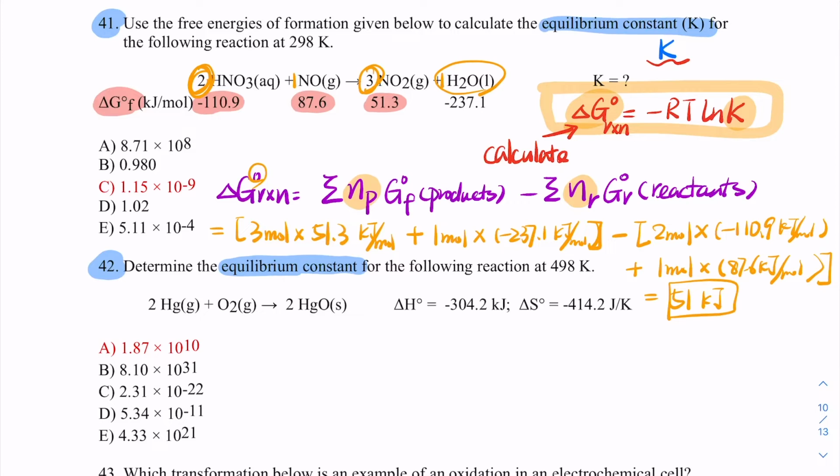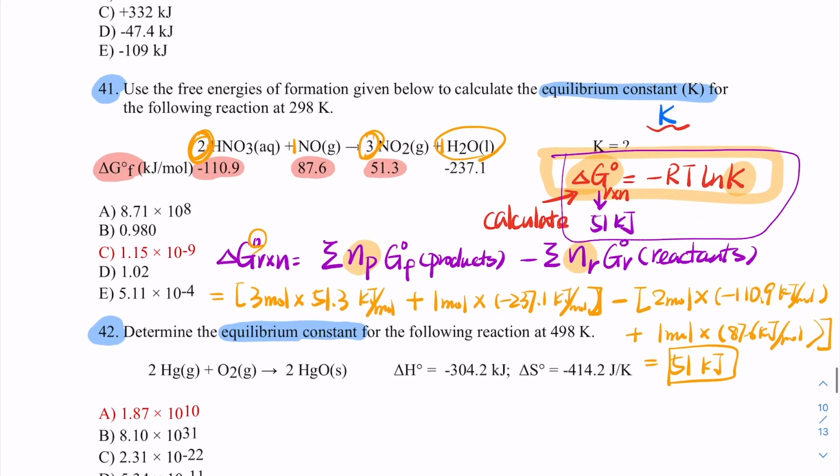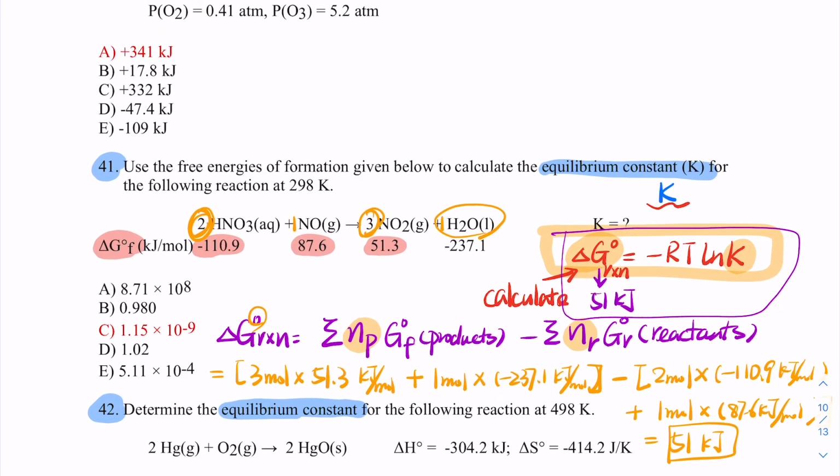Then you go, okay, so I know this value now. We just calculated that, it's 51 kilojoule. And then we can directly use this equation to finish off the calculation. I'll use the space up over there.